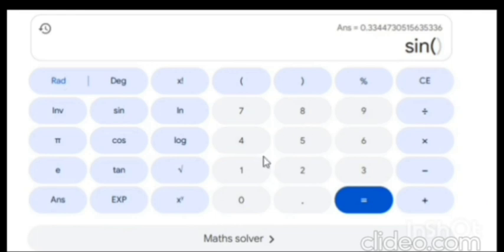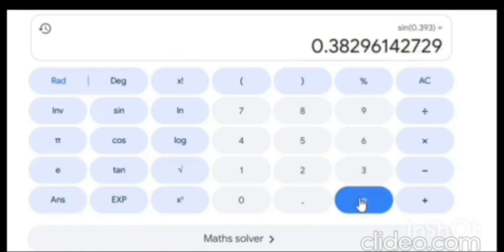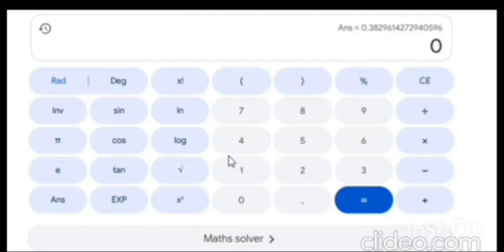Sine 0.393. I have determined the value of sine 0.393. Next, I have to find the value of 1 divided by 3 into root of 1 plus sine.